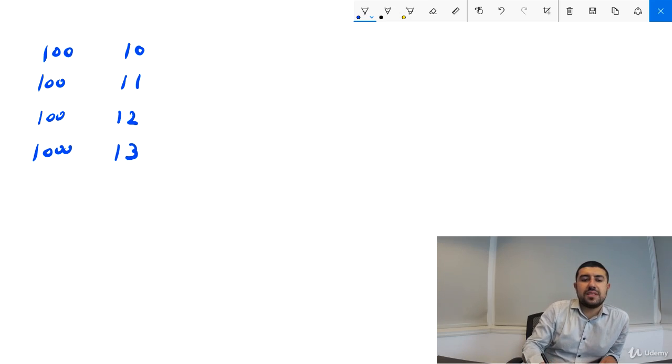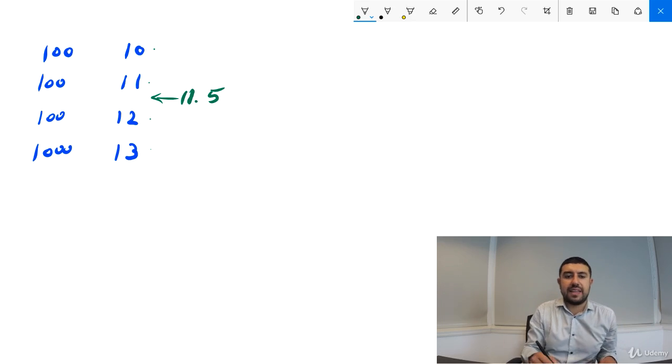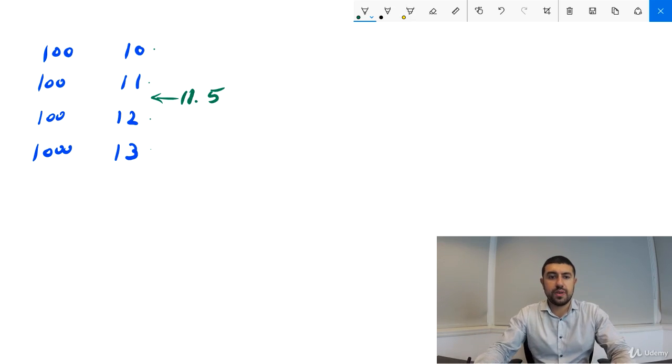If I tell you what's the average price that it traded at, well, one might say 10 plus 11 plus 12 plus 13 divided by 4 should be 11.5. That's the average price, okay? Somebody might say that. That's incorrect.